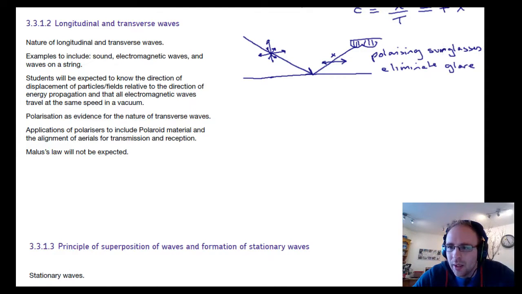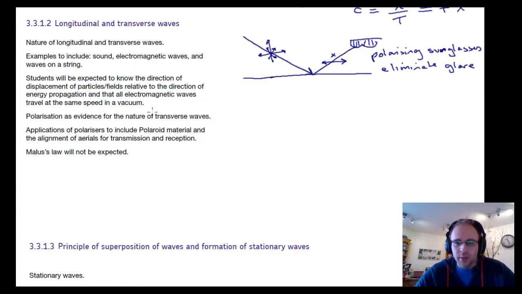They also eliminate glare and they make your photo look different. Other uses have we got? We'll stick with that one. So it works for cars as well. Some 3D TVs use polarizing glasses. However, they tend to be sort of circularly polarized waves, so a bit tricky to explain.